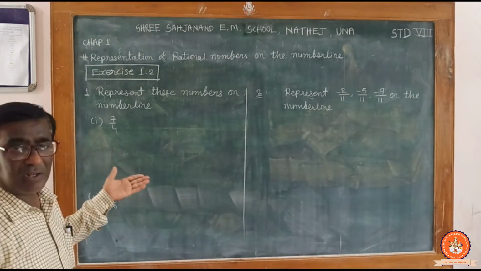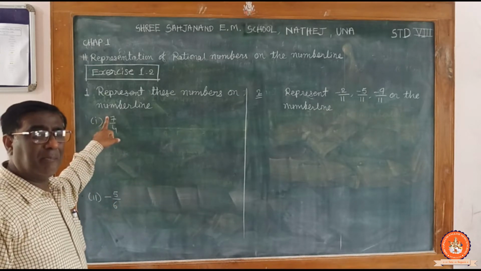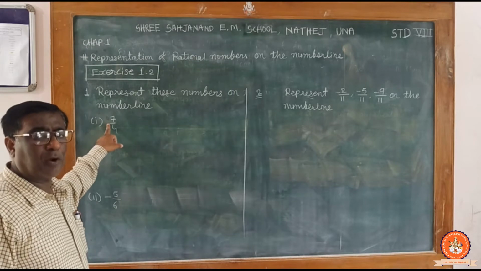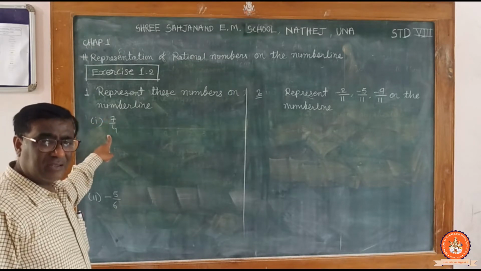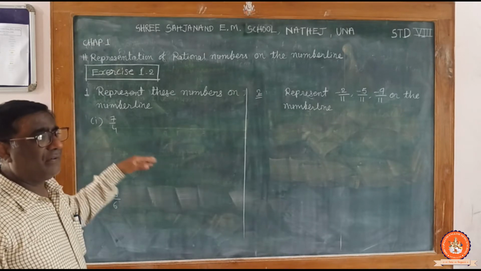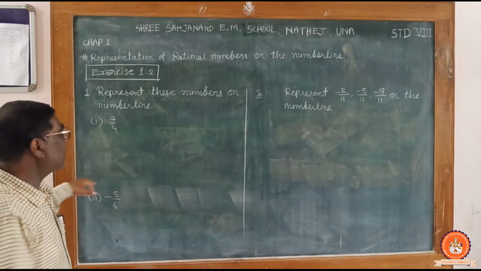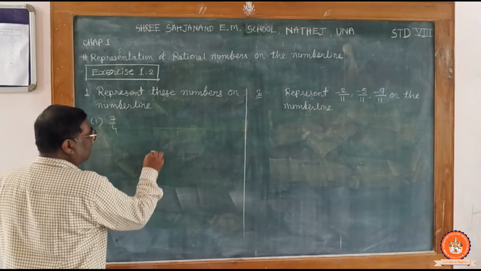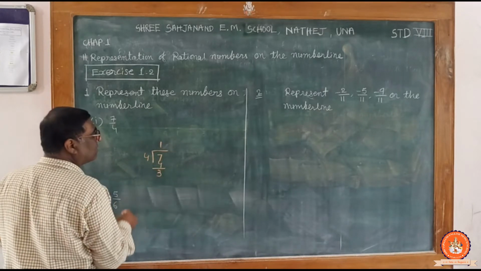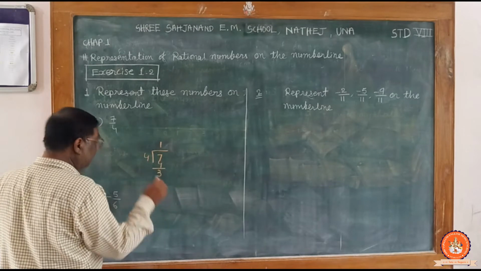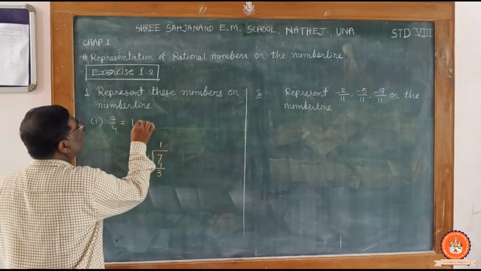Now, as we have done that, first of all, if the given rational number is an improper fraction, this one is an improper fraction. Why? The numerator is bigger than the denominator. So we will try to find between which two integers it lies. So 7 divided by 4, 4 ones are 4, its remainder is 3, so it will be 1 and 3 by 4.